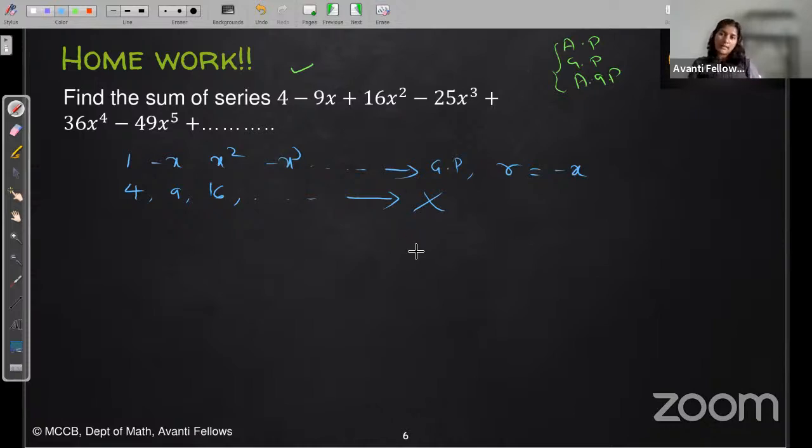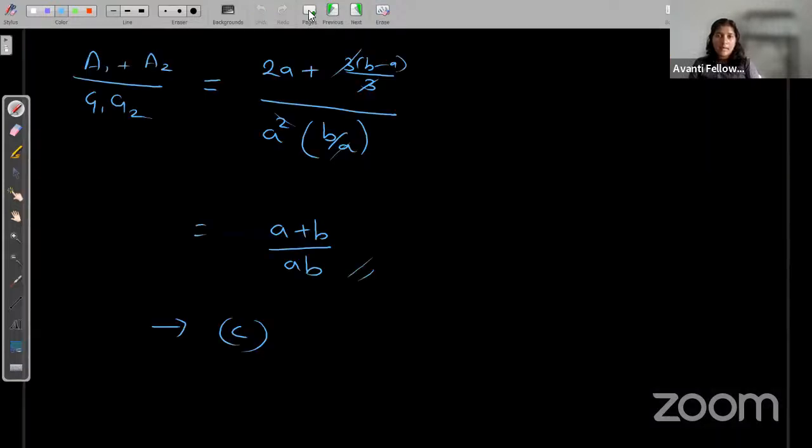So the question might arise, ma'am, how to solve it? We know how to solve series only of this kind. Well, we can solve this kind of series using the same method that we used for arithmetico-geometric series, okay? What have we done in solving arithmetico-geometric series? See, in solving it, we followed 4 steps, right? What were the steps?